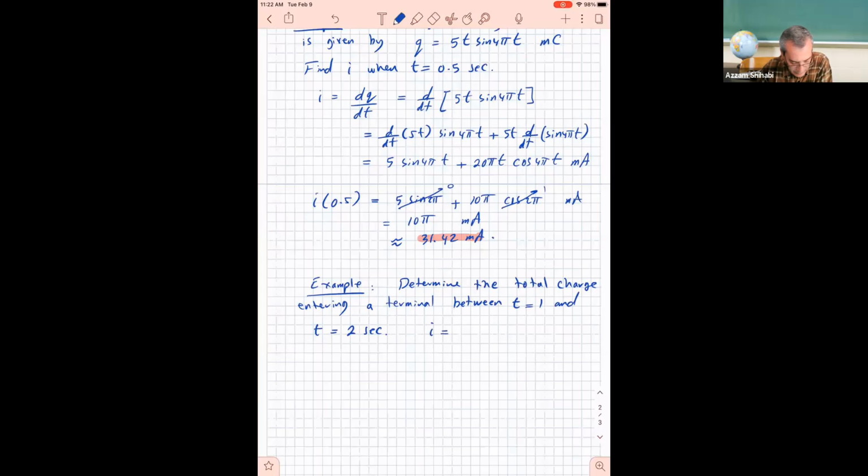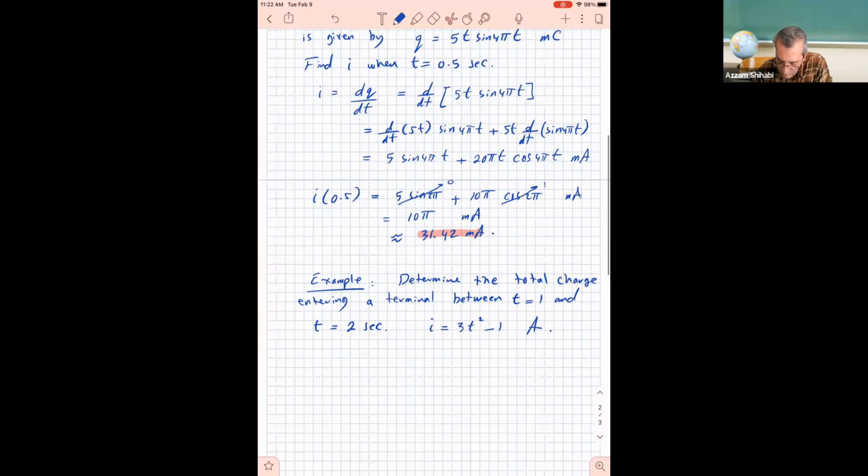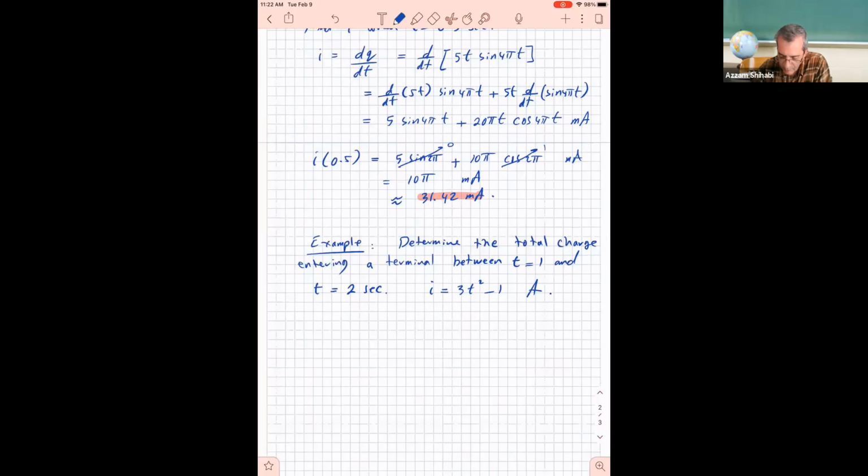I is 3t squared minus 1 amp. So how do I find the charge from the current? I integrate. I'm going to say Q is the integral.